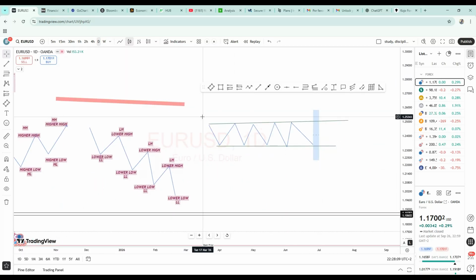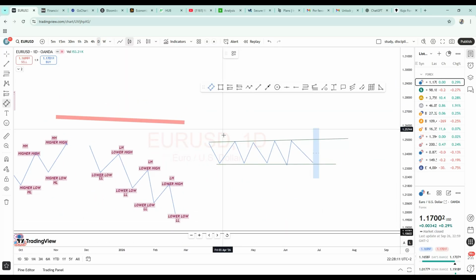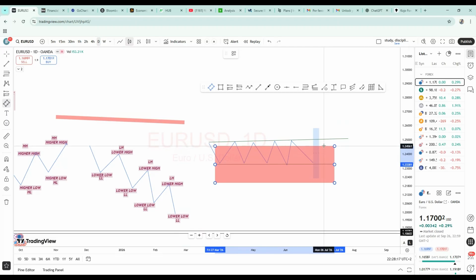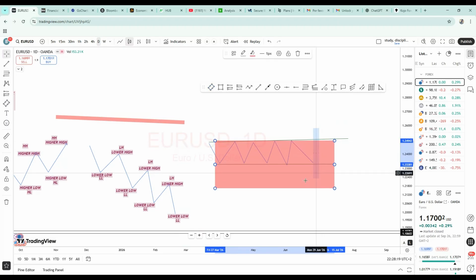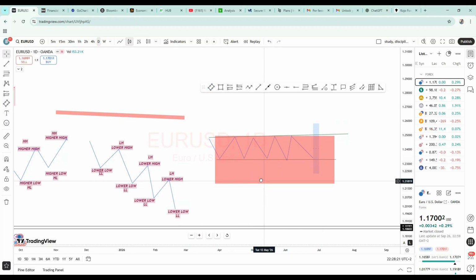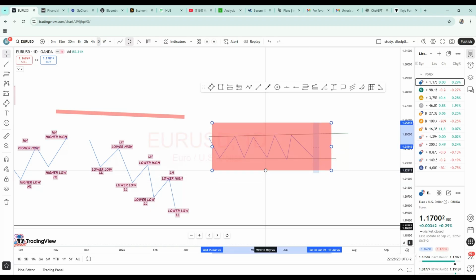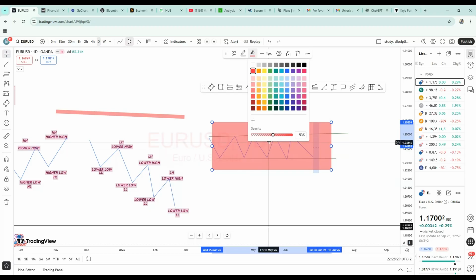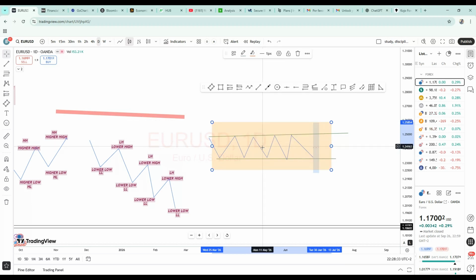And I can still use it. Look at it. If I take the same rectangle, I can use it here to highlight this sideways market, just like that. Then look at where I'm pointing. I can click it and reduce the color or change the color to any color that I wish.